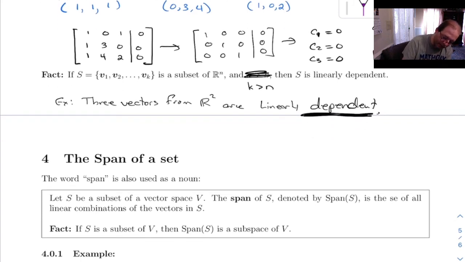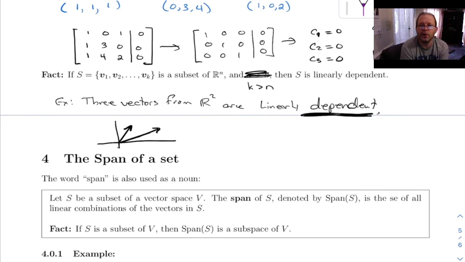Now, the reason for that is, you start picking vectors out of R2, you pick your first vector, and it's fine. You pick your second vector, well, if it lies on the same line, then they're linearly dependent. If it doesn't, so, it is possible to pick a second vector so that they're linearly independent.